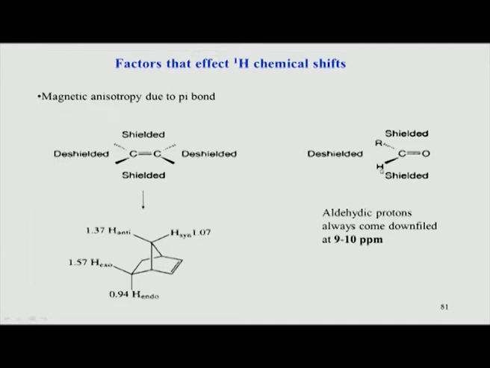So this hydrogen lies in the deshielded region and therefore comes very downfield at around 9 to 10 ppm, which we saw in one of the slides where we looked at the chemical shift values of different functional groups. The aldehyde protons come very downfield shifted because in the carbonyl functional group they lie in the deshielded portion of the molecule. If something comes on this side, it becomes highly shielded.